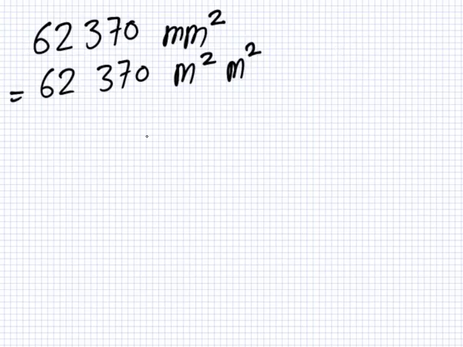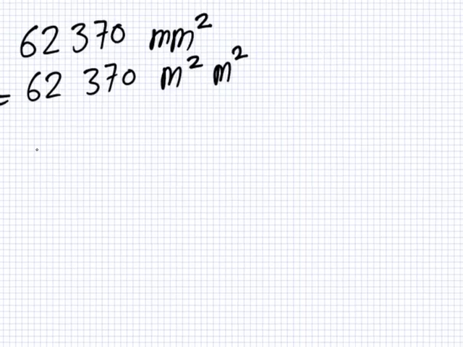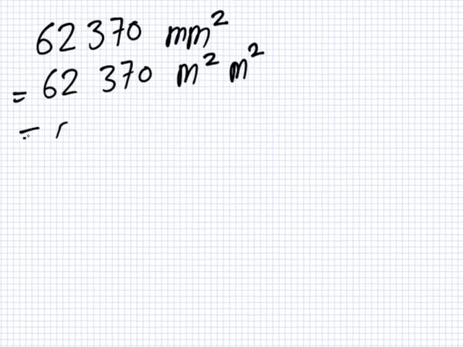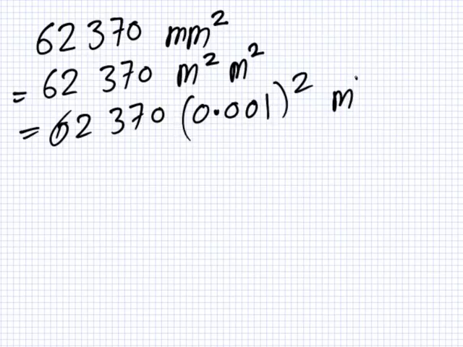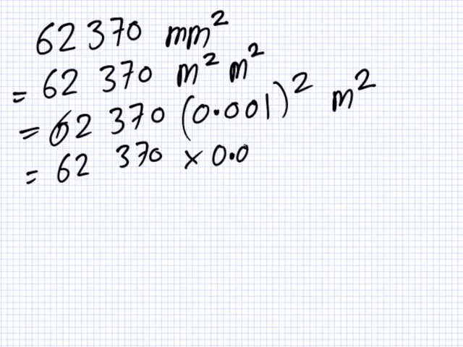So we have milli squared meter squared, which will be 62370 times 0.001 squared meter squared. Okay, this will be 62370 times 0.000001 meters squared.